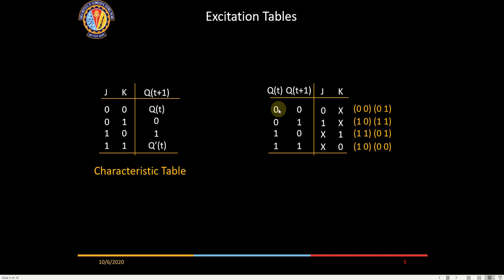Yeah, okay. See, the previous state is 0. Now the next state is going to be 0. So I have to give some values for j and k so that the next state also remains 0. So I can either give 0, 0. If I give j equal to 0, k equal to 0, the same state will continue. So 0 will continue to be 0. Or I could give j equal to 0 and k equal to 1. Here j equal to 0, k equal to 1 is also 0.